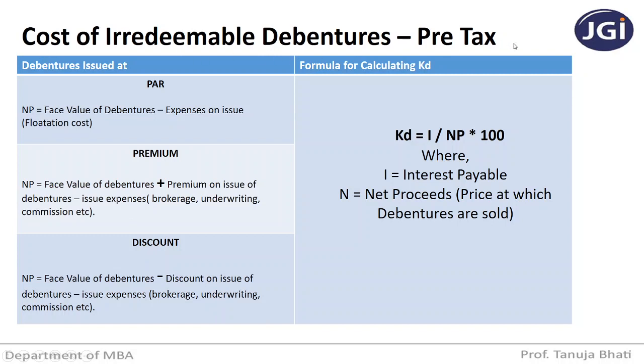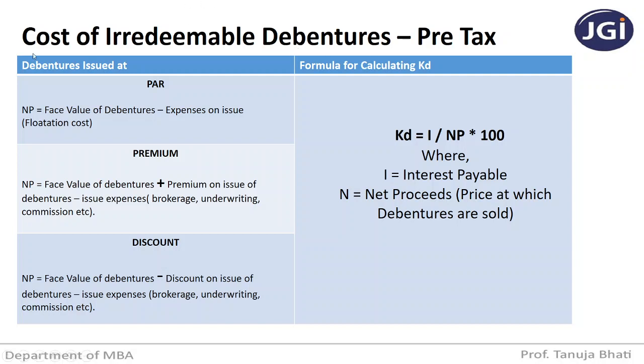Pre-tax means before tax. So what is going to be the cost of irredeemable debentures before tax? When the word pre-tax or before tax comes, please keep in mind that tax will not come into the picture.